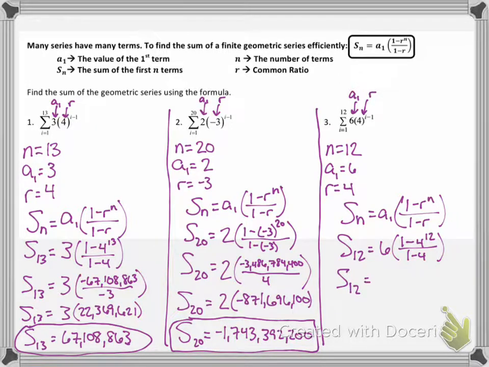So these numbers aren't as excitingly big as the last problem, but we'll get 6 times, in parentheses here, negative 16,777,215 over negative 3.